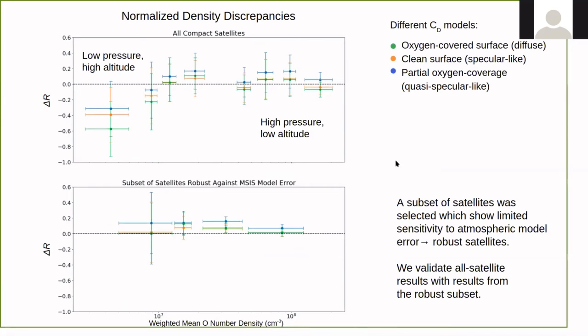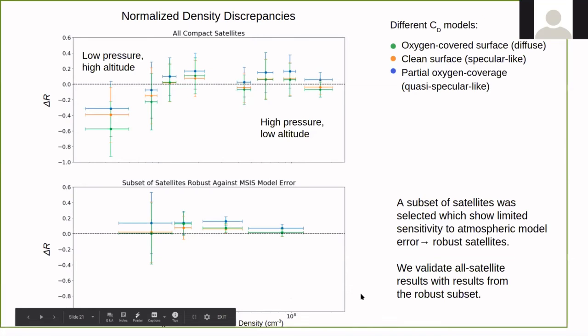Binned average delta R values organized by average atomic oxygen number density in the atmosphere as an indicator for atmospheric pressure are shown in both panels. The different colors represent results from different drag coefficient models, including one that assumed an oxygen-covered surface with diffuse scattering, one that assumed a clean surface, and one that assumed a surface that was partially covered with adsorbed oxygen.